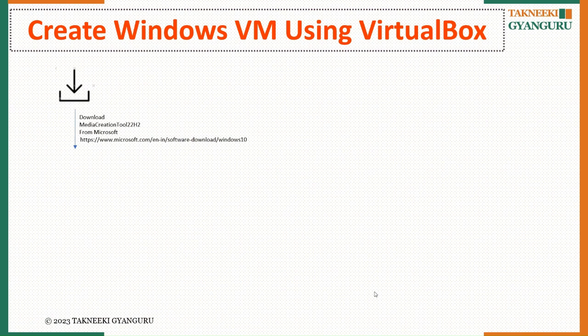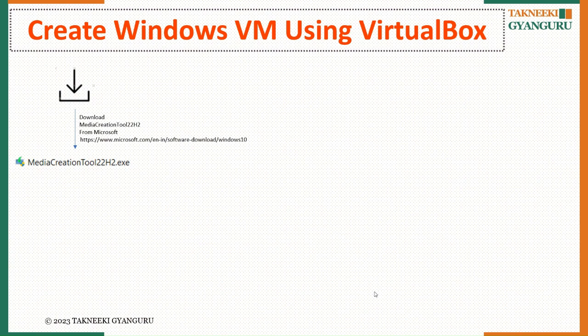Once it is downloaded, through this media tool we have to create an ISO image. This ISO image will help us create the Windows VM. How can we create an ISO file? We require a running Windows machine, right?